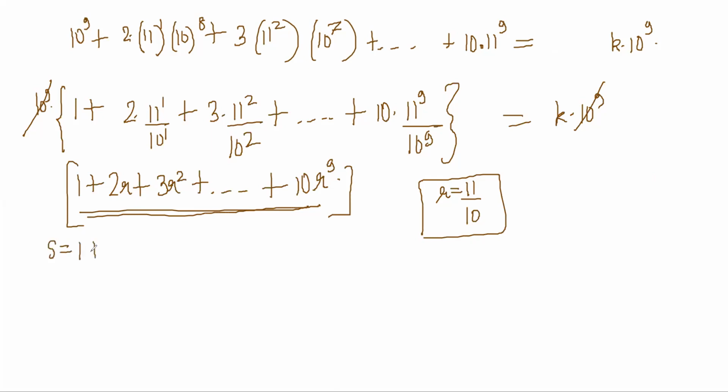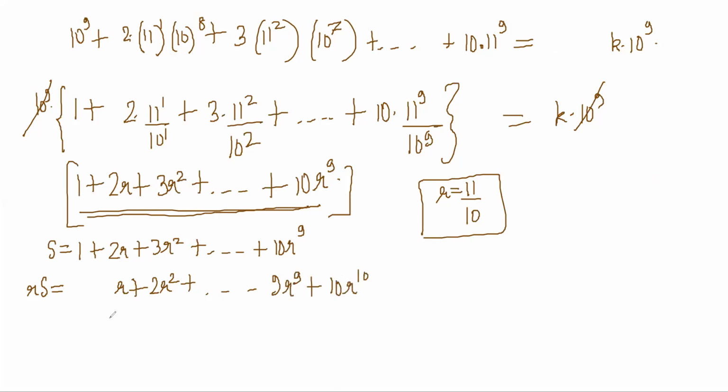S is equal to 1 plus 2r plus 3r square plus 10r^9. r into S is equal to r plus 2r square plus 9r^9 plus 10r^10. Subtracting, 1 minus r into S is equal to 1 plus r square plus r power 9 minus 10 r power 10, right?